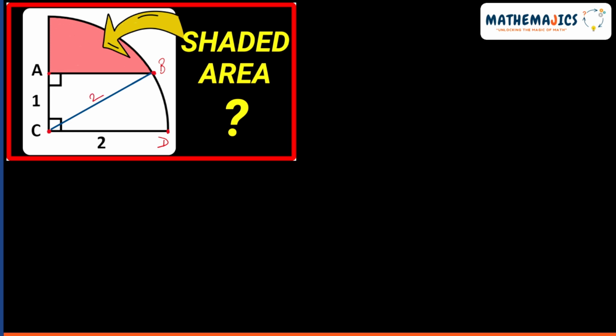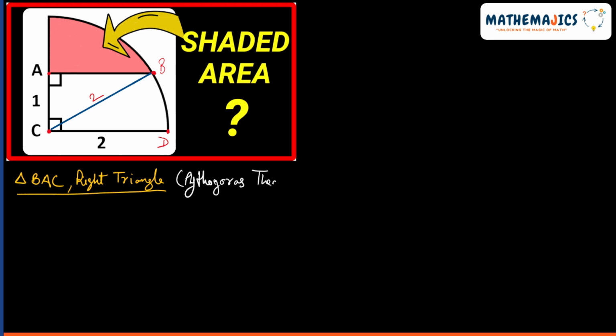Now please look at triangle BAC. It is a right triangle, correct? Now I'll be applying Pythagoras theorem in this triangle. According to Pythagoras theorem, we have AC square plus AB square is equal to BC square.